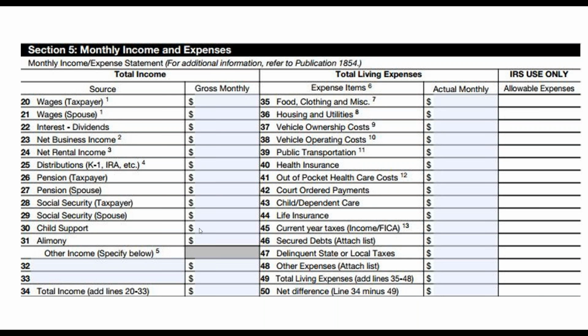So, for example, child support is not taxable income. And so if you're wearing your tax preparer hat, you're going to look at this line 30 and be like, well, child support's not taxable, that doesn't go on there. Wrong. It does go on the form, because even though it's not taxable income, it is still cash available to the taxpayer to pay their bills, okay? So again, take that hat off.